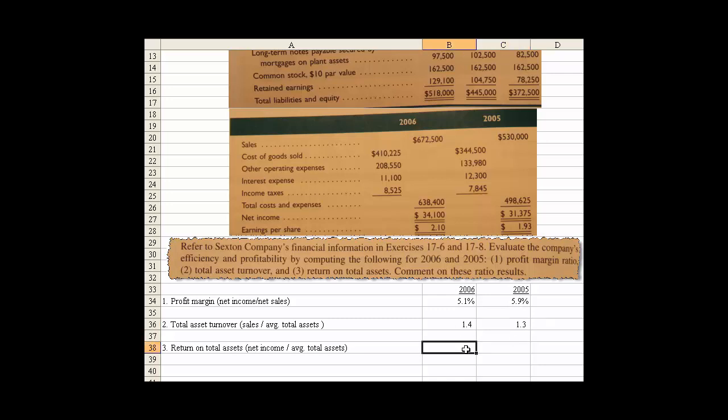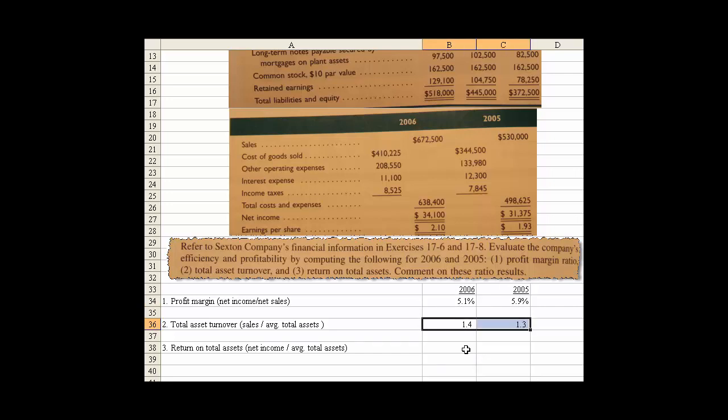Now let's compute return on assets, which is equal to net income over average total assets. So net income for 2006 was 34,100, and average total assets, we already have that above. In fact, why don't we just copy from here? Where's our average total assets? Right there, correct?